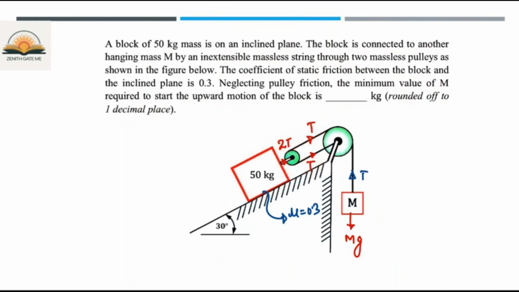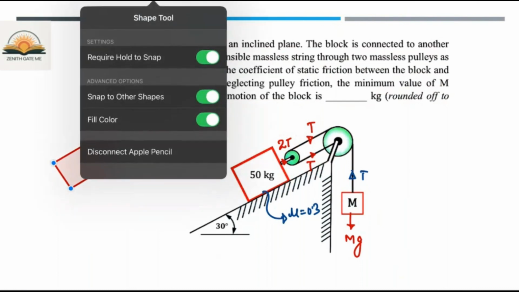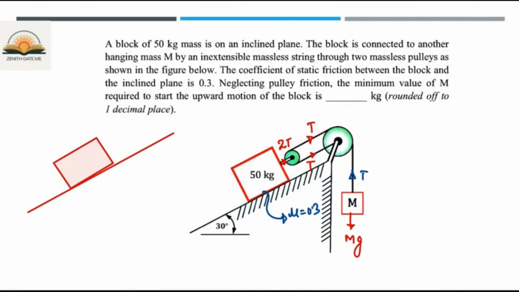Now, what other forces are acting on this 50 kg mass? First of all, you have to draw the free body diagram of this block, which is resting on the inclined plane with an inclination of 30 degrees, already given in the question. The first force is its weight, acting downward, which is 50 g.